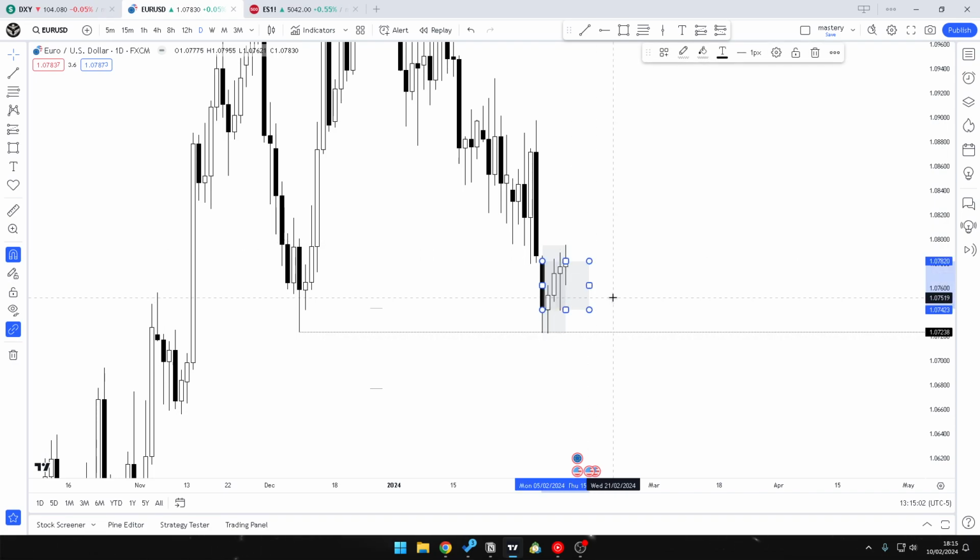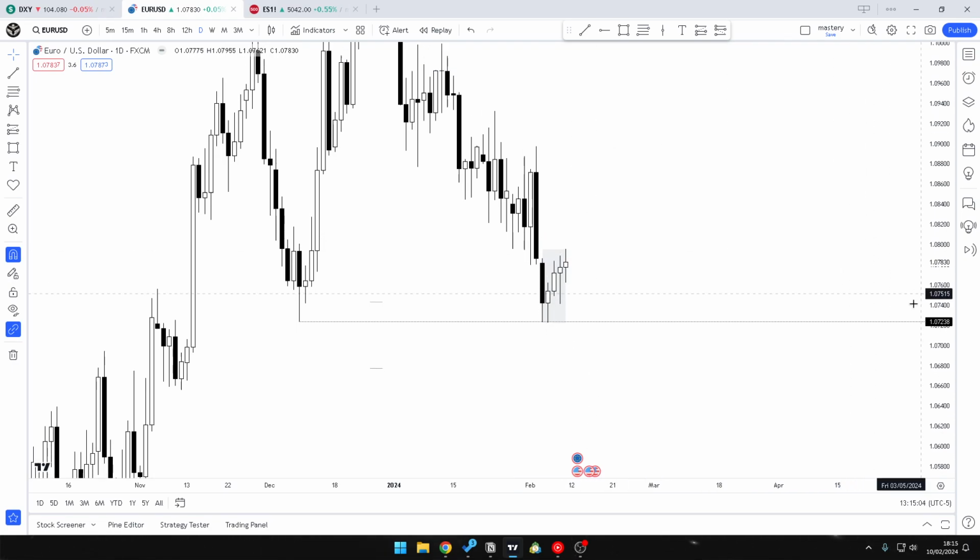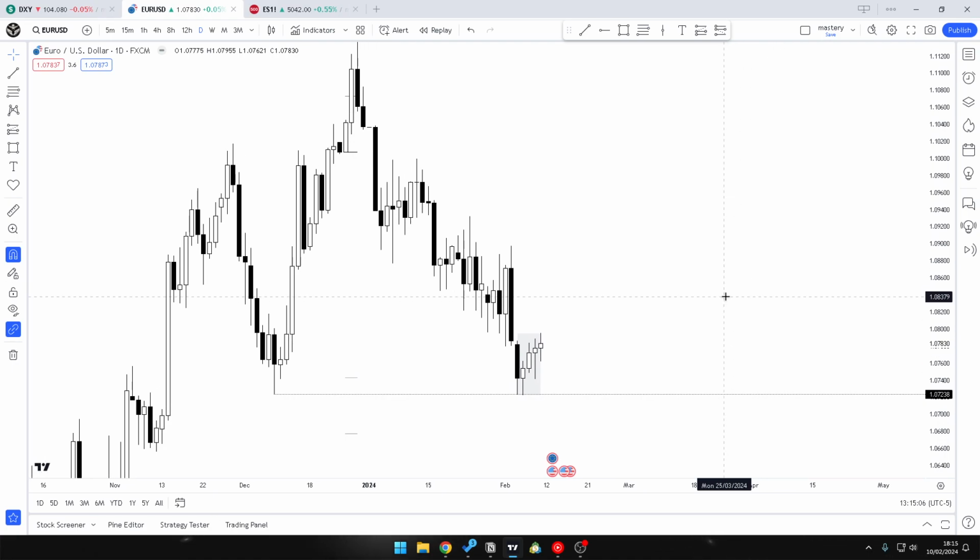So Monday was the highest probability day, and I wasn't synced with that because I was expecting Monday to make the high of day, then reverse lower and continue this expansion from also the previous Friday on week 0, which was the bridge week between January and February.